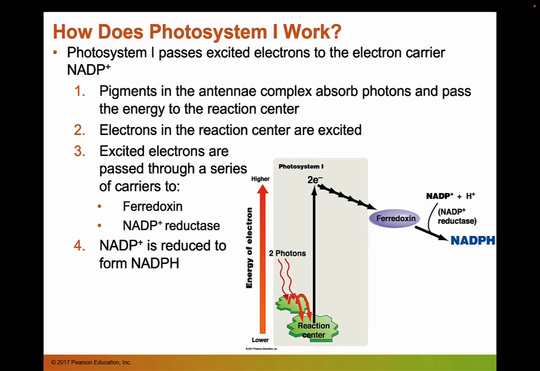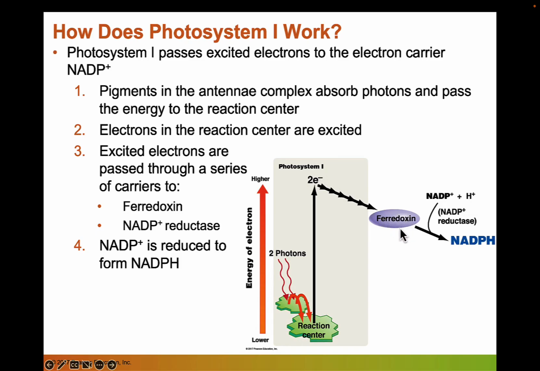But as you recall from that first picture, we're also going to generate NADPH. And that's going to happen in photosystem 1. So photosystem 1 has the antenna pigment, and so photons strike them, and the energy transfers via resonance to the reaction center. And the special pair in the reaction center, those electrons are excited. And then those electrons are carried and passed through a series of different proteins.